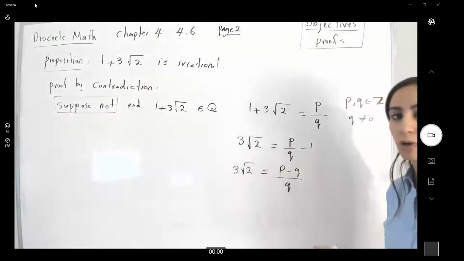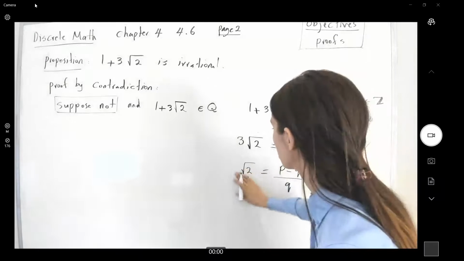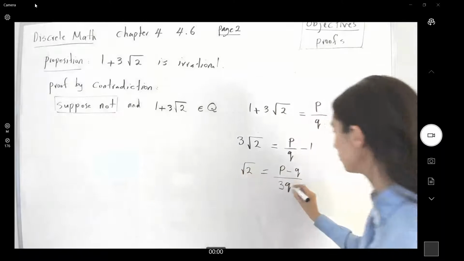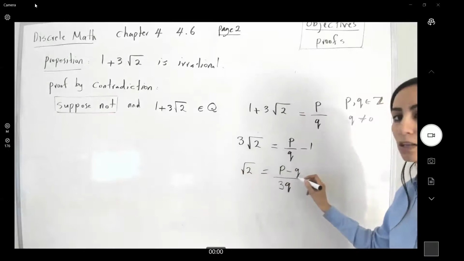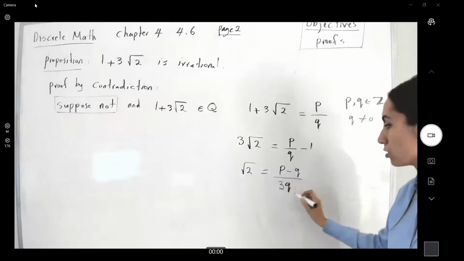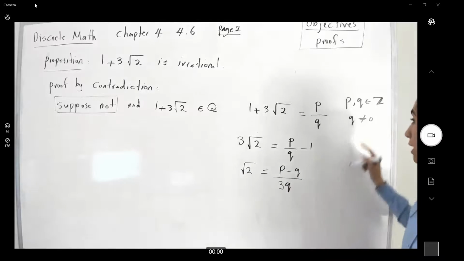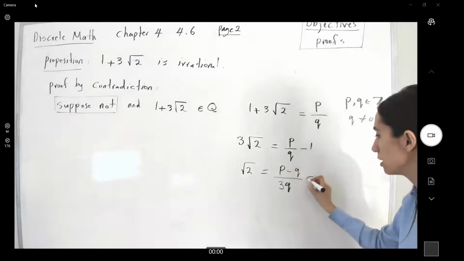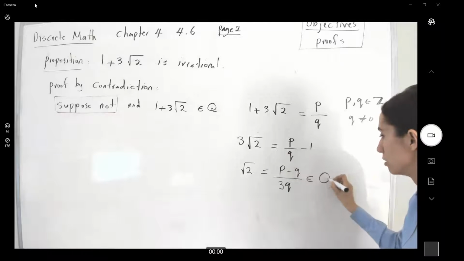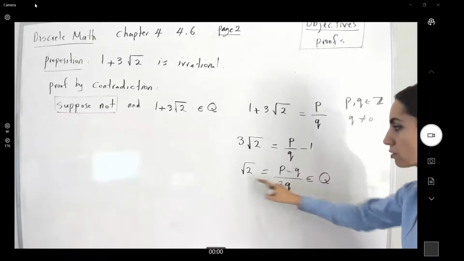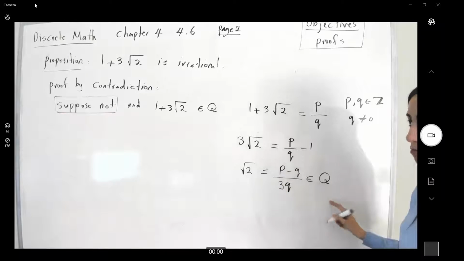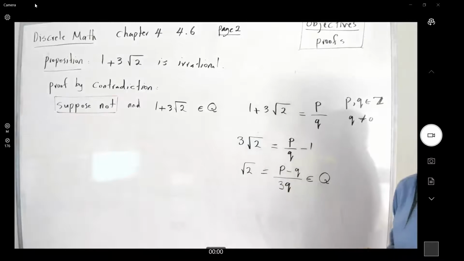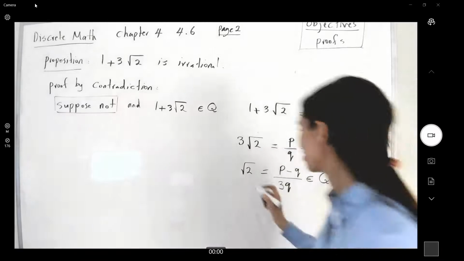Then I divide both sides by 3 as well. So I have an integer on the numerator, an integer on the denominator, and note that your q is never 0. So my right-hand side is a rational number. It means that square root of 2 is a rational number? No, we just proved that square root of 2 is not rational.